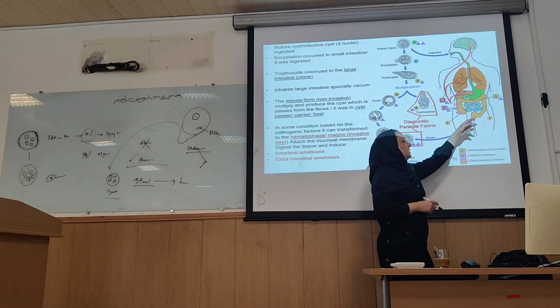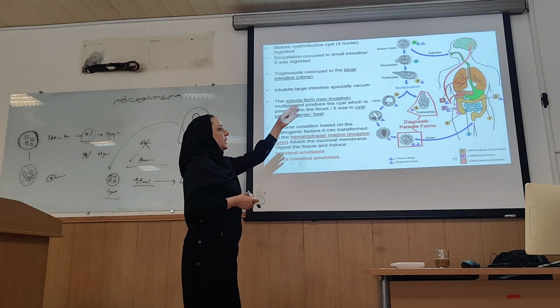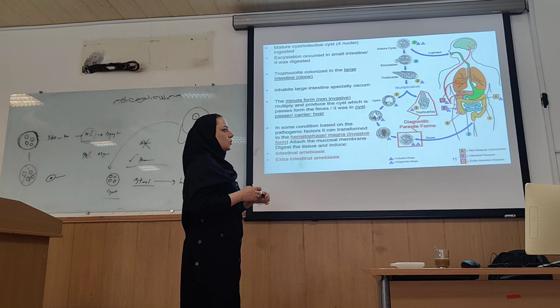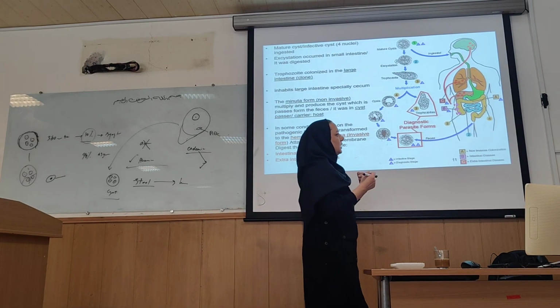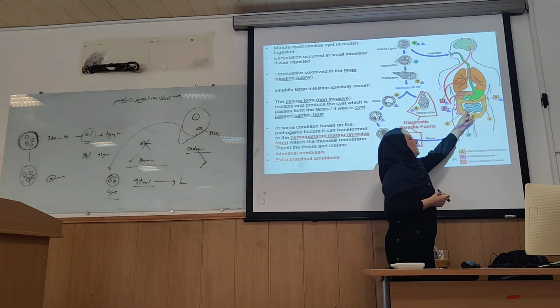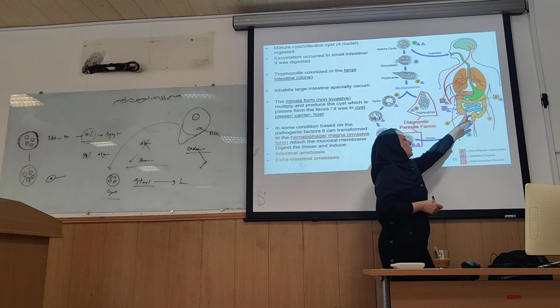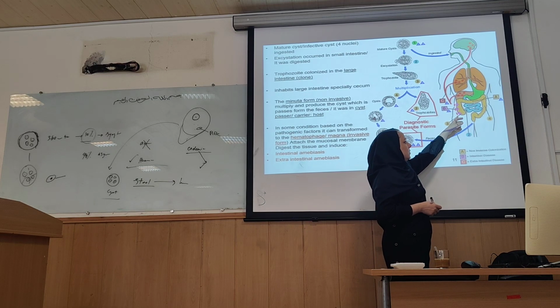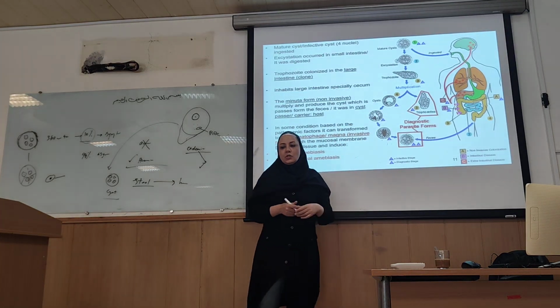So in the small intestine, just the cyst ruptures, or we say excystation happens. So excystation or digestion of the cyst is happening in the small intestine, but after that, the protozoa come to the colon and they colonize in the large intestine.